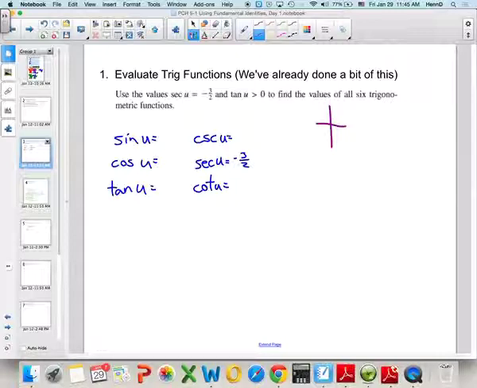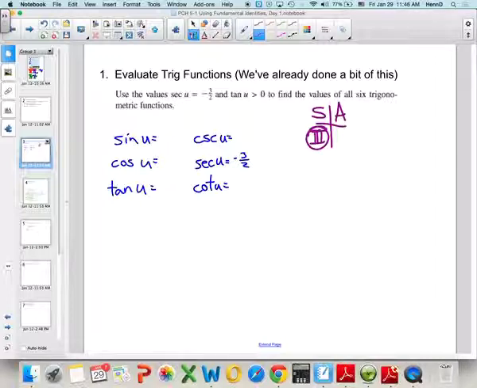Tangent's positive in the first and third, but secant is the reciprocal of cosine, and cosine is negative in the second and third, so we've got to be in the third quadrant here.